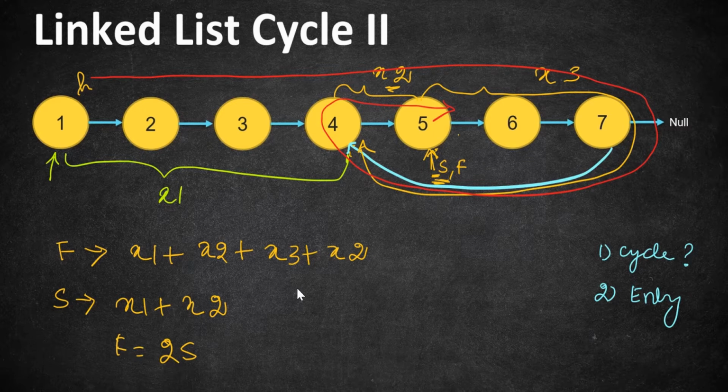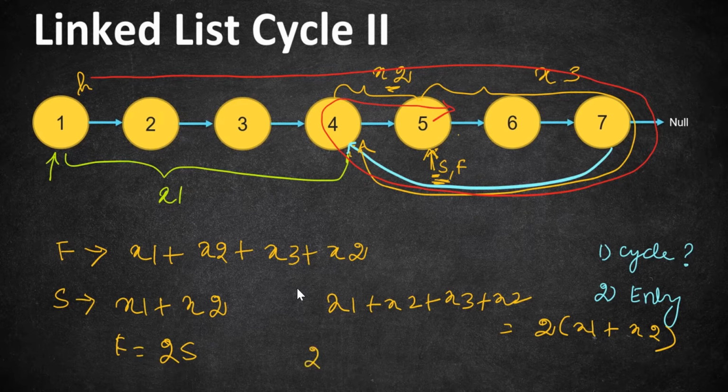So using that logic, we are going to put x1 plus x2 plus x3 plus x2 is equal to twice that of x1 plus x2. Okay, so solving this, 2x2 plus x1 plus x3 is equal to 2x1 plus 2x2.